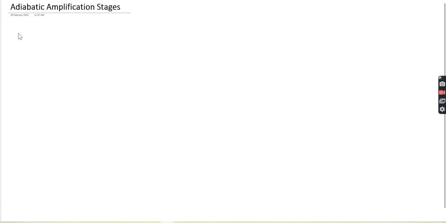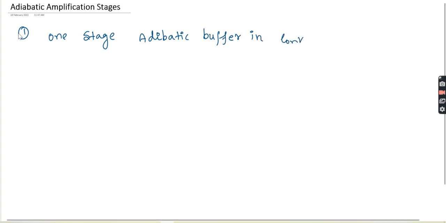First, we are going to study one stage adiabatic buffer in conventional system.